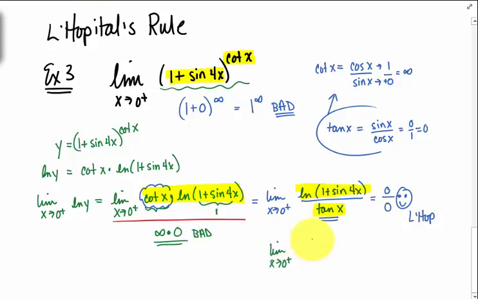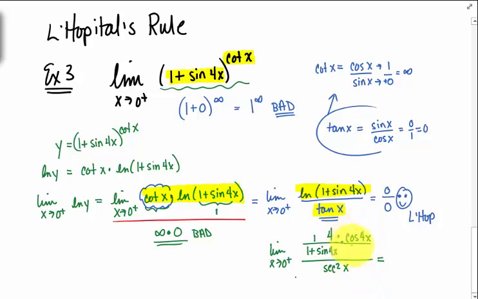When we take the derivative of the numerator, we get 1 over 1 plus sine 4x, but then we have to apply the chain rule, which is going to be cosine 4x, and I'm going to put the times 4 here. So we get this wacky fraction, and the derivative of tangent x is secant squared x. This may look a little bit messy, but let's plug in 0 for x and see what happens.